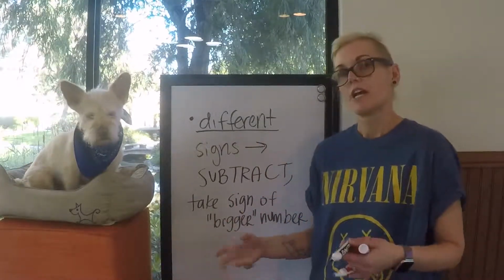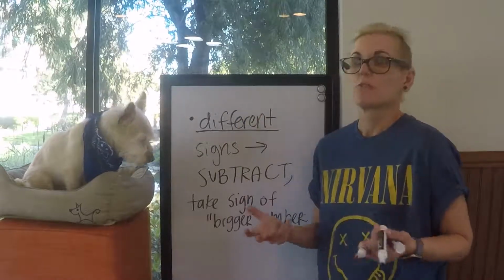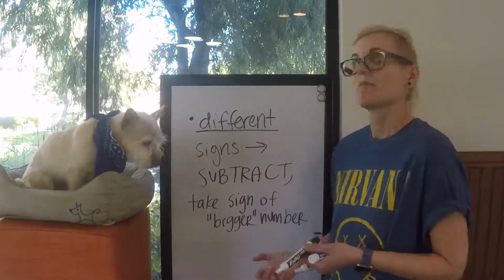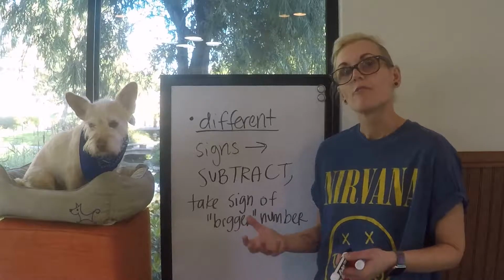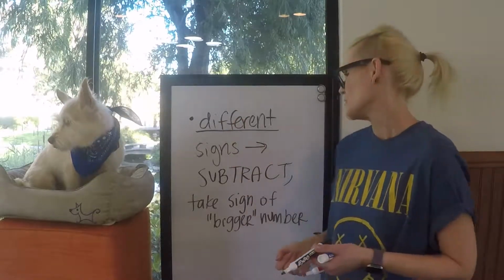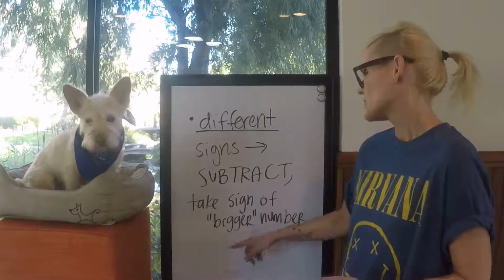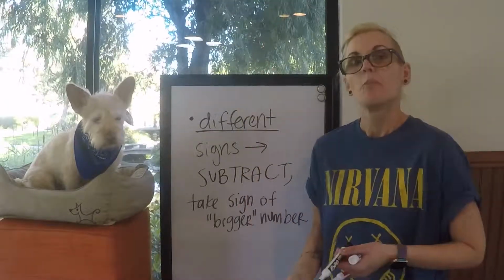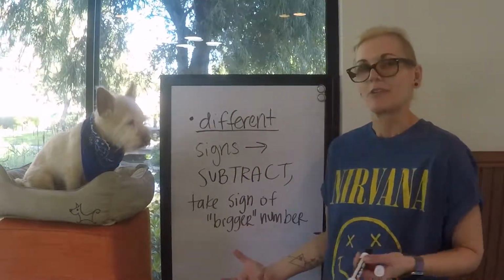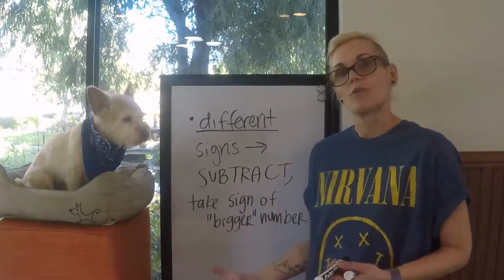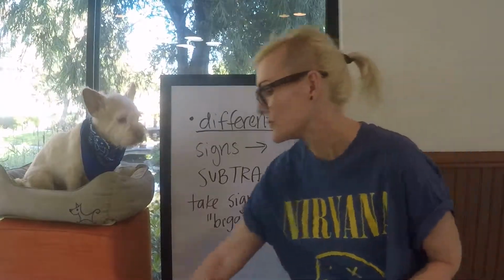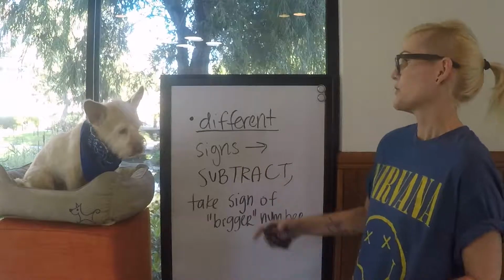We took the sign of the bigger number, meaning the 4. So in other words, the absolute value of that number, whatever number is bigger, we are not including the sign. So whatever has the more power. So that's important. It's the bigger number, but not talking about what's actually bigger, because we know that -4 is not bigger than 2. Okay, so that's the first rule.